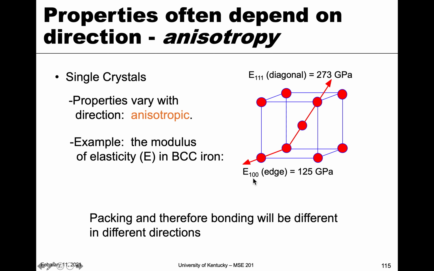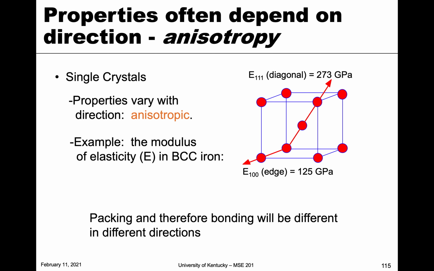We see that the modulus along the edge, which is the 100 direction, is 125 gigapascals. However, in this close packed direction, which is the 111 direction, diagonally through the cube, the modulus is much higher, 273. So it takes a lot more force to stretch it along this direction compared to this direction. So that's the anisotropy that we're talking about.